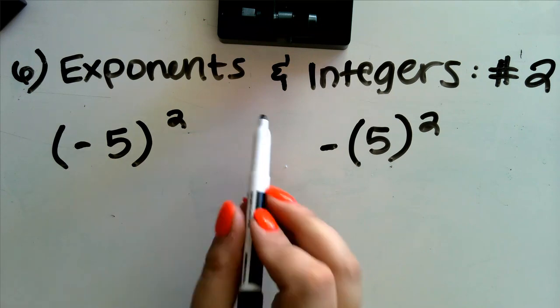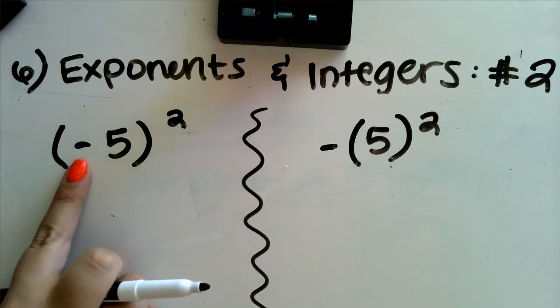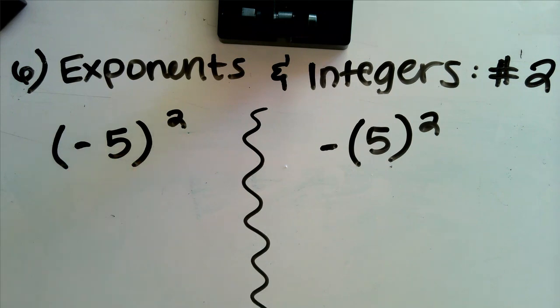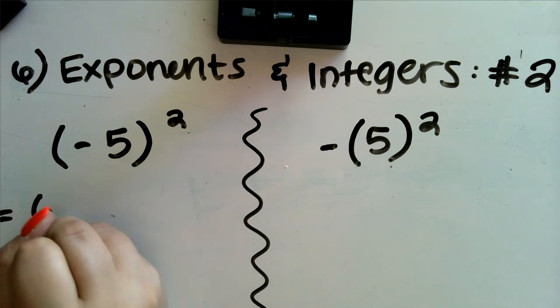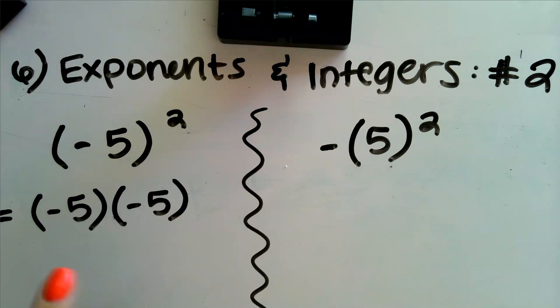Let's talk about our left-hand side first. We have -5 with a negative inside the parentheses to the second power. If we go ahead and expand that out, we're going to end up with -5 times -5. We're taking that base value of -5, multiplying it by itself twice.